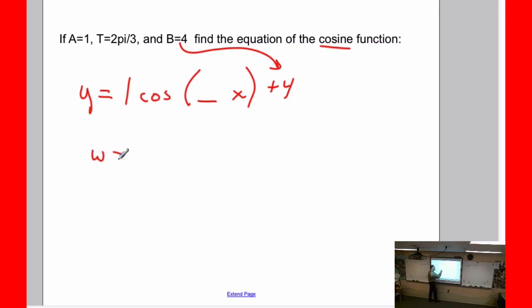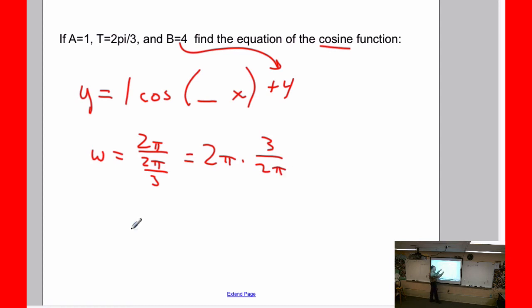I know that w is equal to 2 pi over t, and t is 2 pi thirds. Not as pretty because we're dealing with a fraction. Can't divide by a fraction, so what do you have to do? Do 2 pi times 3 over 2 pi.